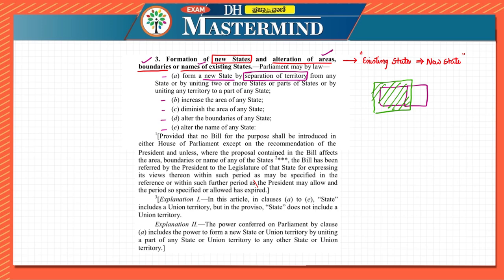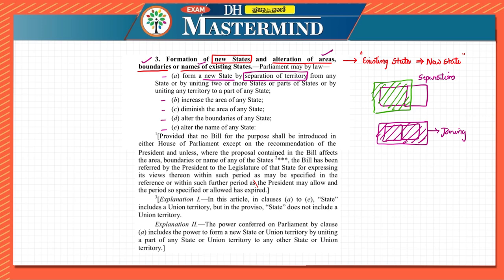Separation of territory from any state, or this is one state and this is one state, and both of these can be merged into one, correct? So this also will be a new state. By separation there can be a new state, and by joining, that is by unifying, there can also be a new state. This unification can happen with 2 or more states, by uniting any part to be the part of any state.